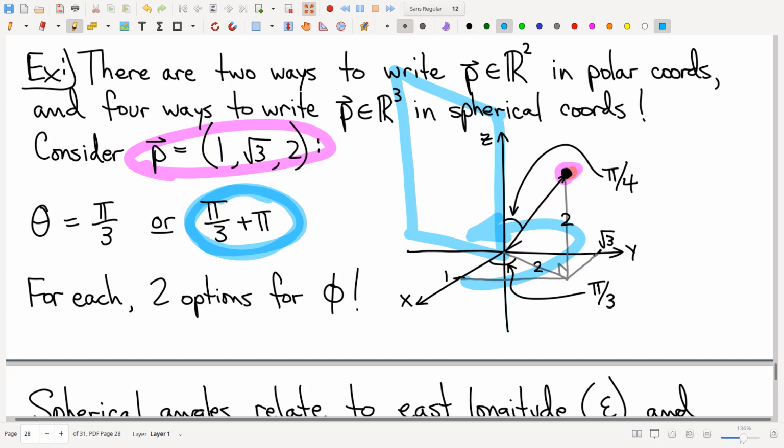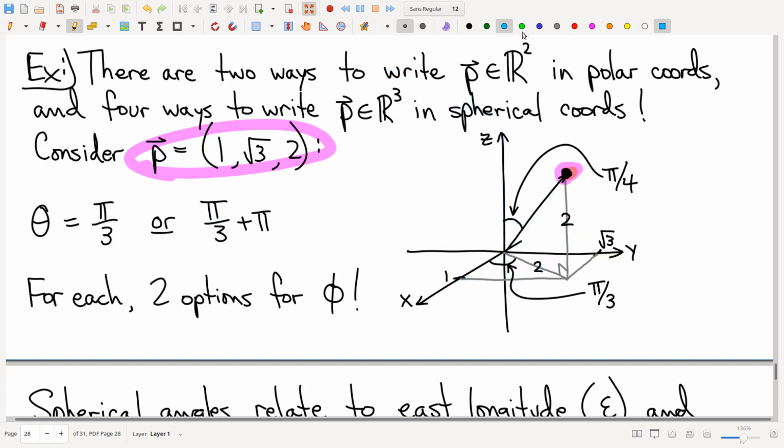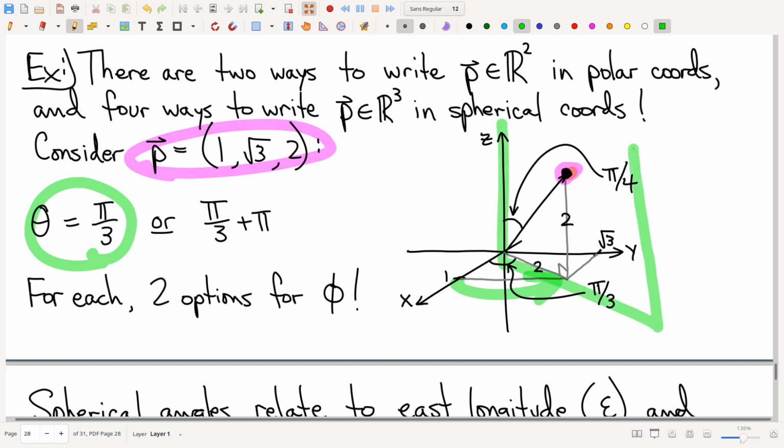And now what I want y'all to do as an exercise on your own or discuss amongst groups or whatever you prefer is to think through how would you do it. What are the 2 different ways that you could do this with the seemingly natural, the more convenient, the more obvious, whatever you want to call it, pi over 3 value of theta.